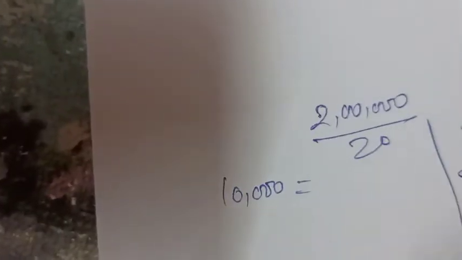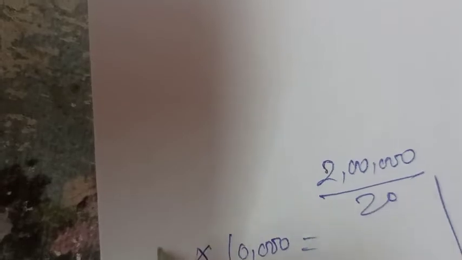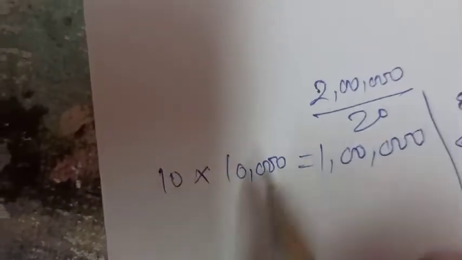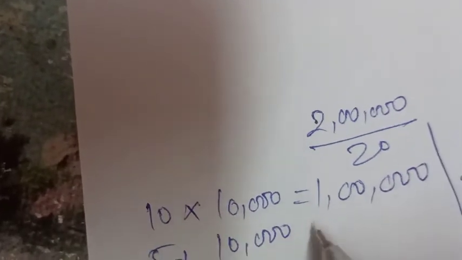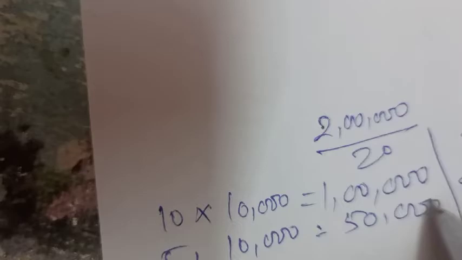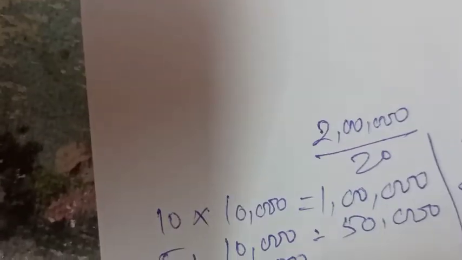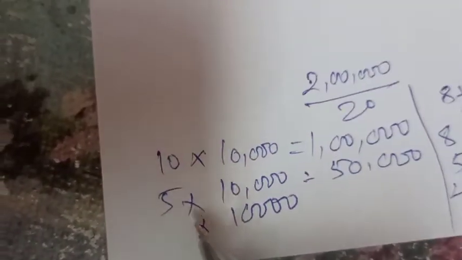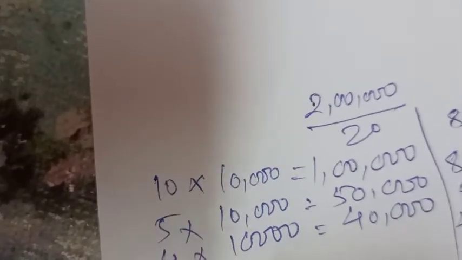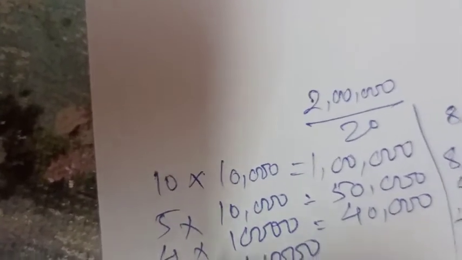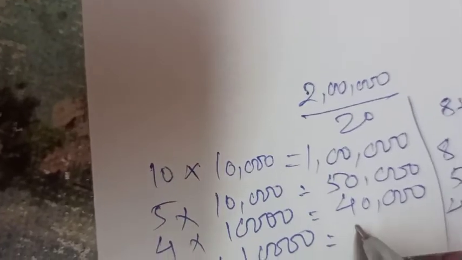Right? So 10,000 into 10, 1 lakh. 10,000 into 5, 50,000. 10,000 into 4, 40,000. 10,000 into 1, 10,000.